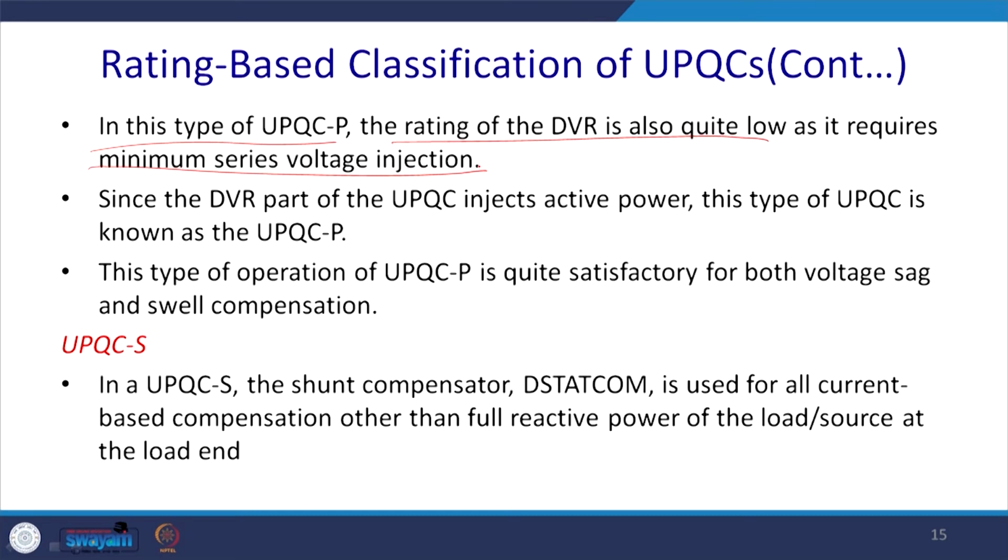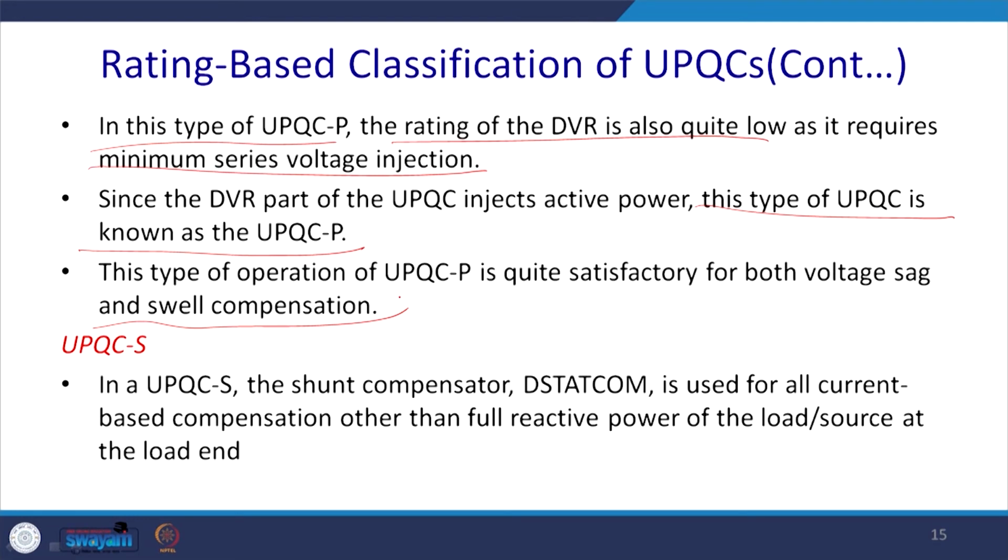Since the DVR part of the UPQC injects active power, this type of UPQC is known as the UPQC-P, and this type of compensation is quite satisfactory for both the sag and the swell compensation.